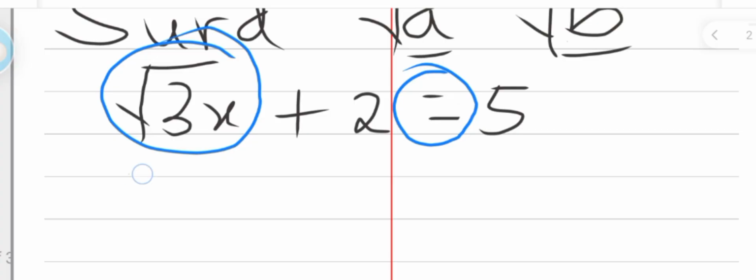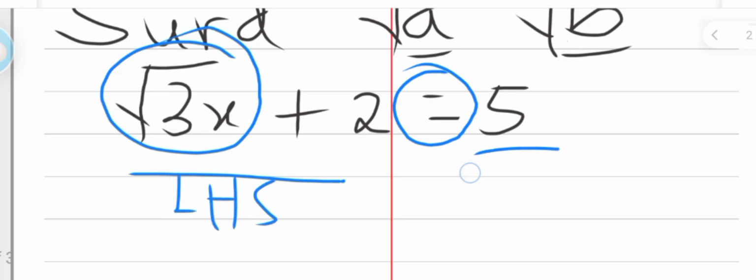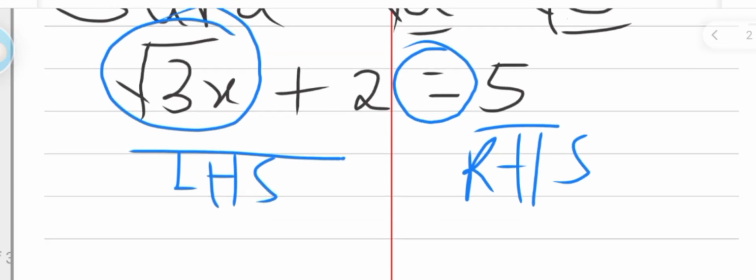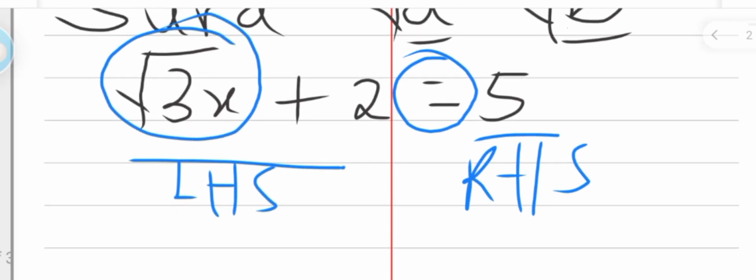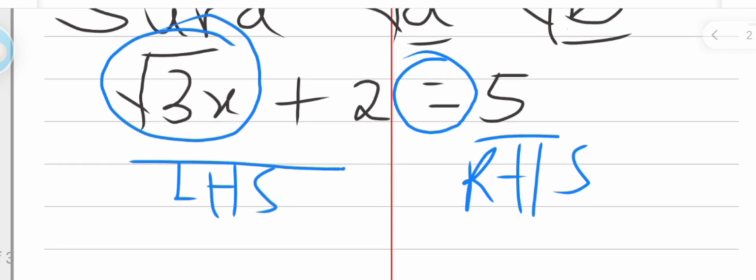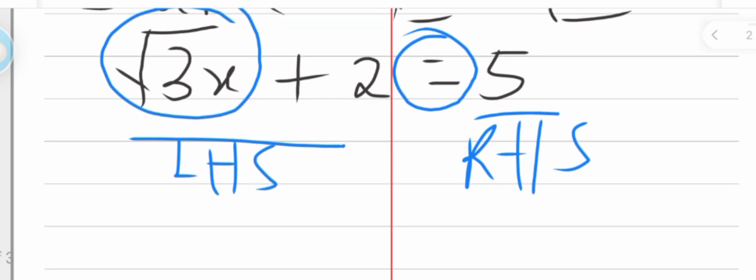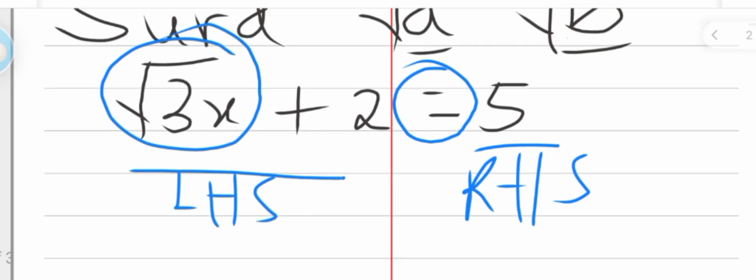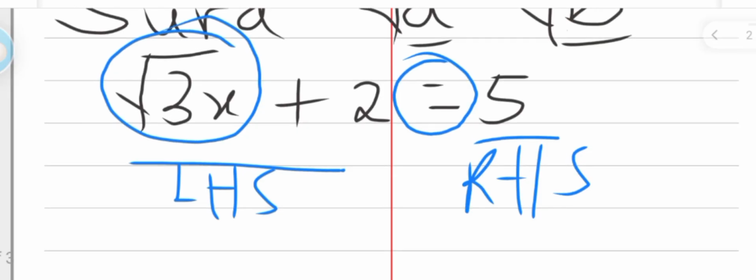So this is the left hand side and this is the right hand side. The left hand side comprises the terms root 3x plus 2, and the right hand side comprises the term 5. Now equation means that both the left hand side and the right hand side are equal.